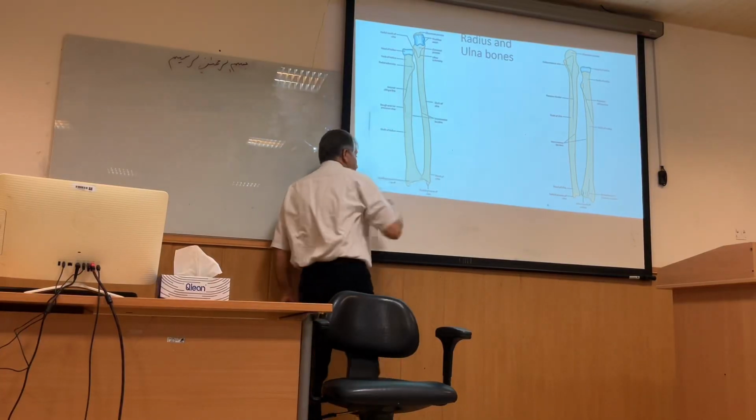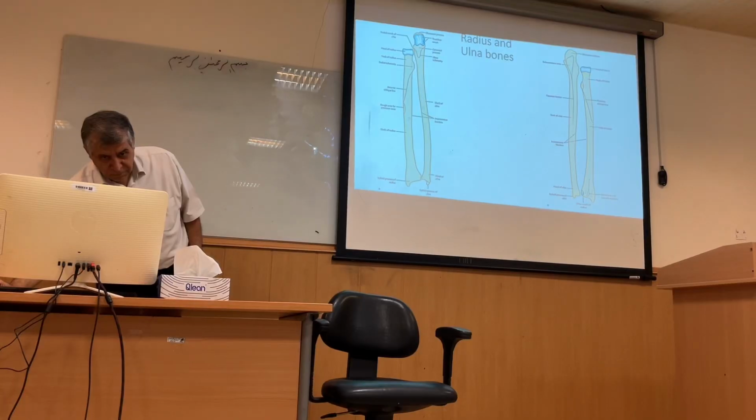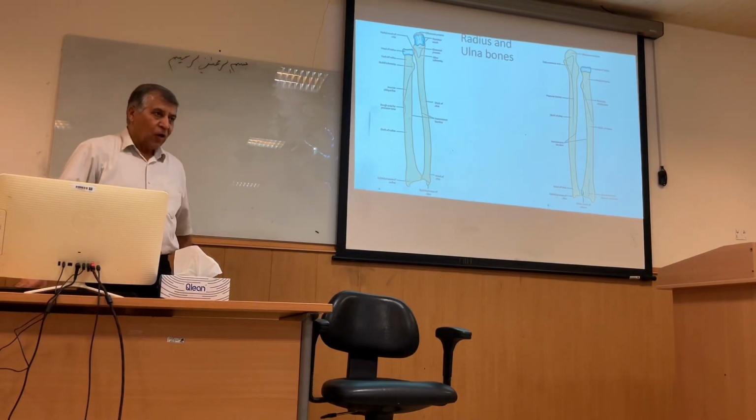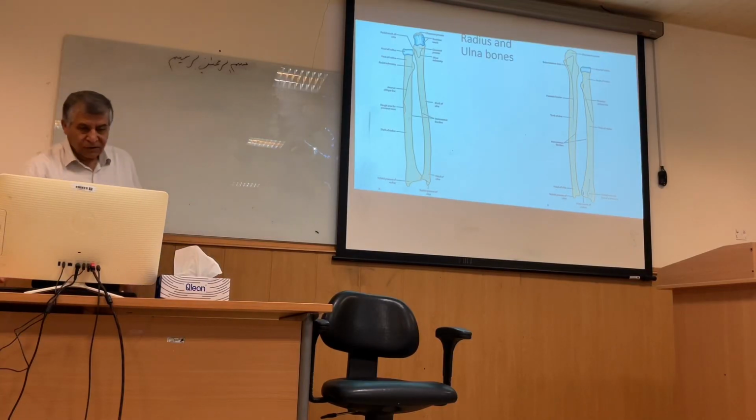The peripheral part of the head articulates with the ulna and forms the radioulnar joint. Okay? The head articulates with two bones: superiorly the humerus, and peripherally the ulna.